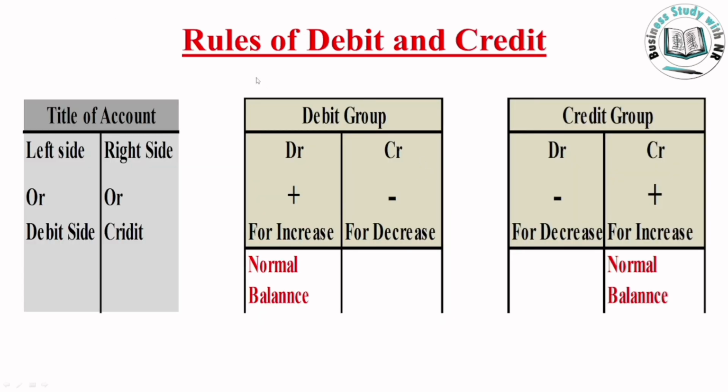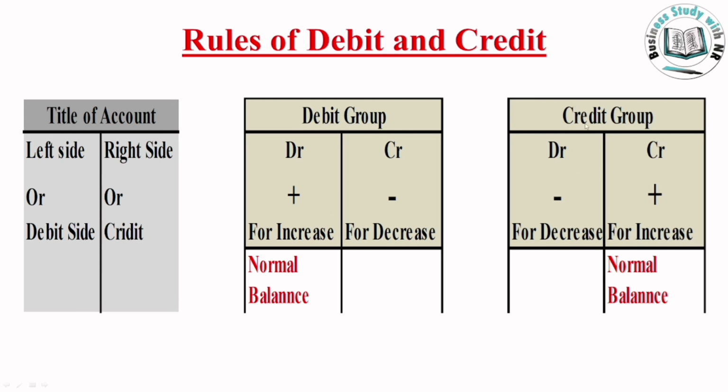Now let's see the rules of debit and credit in another way. One is the debit group. As we know, the debit group includes assets, expenses and drawings. Whenever the debit group increases, it should be recorded on the left side of the account. And whenever the debit group decreases, it should be recorded on the right side of the account. The debit group normally has debit balances.